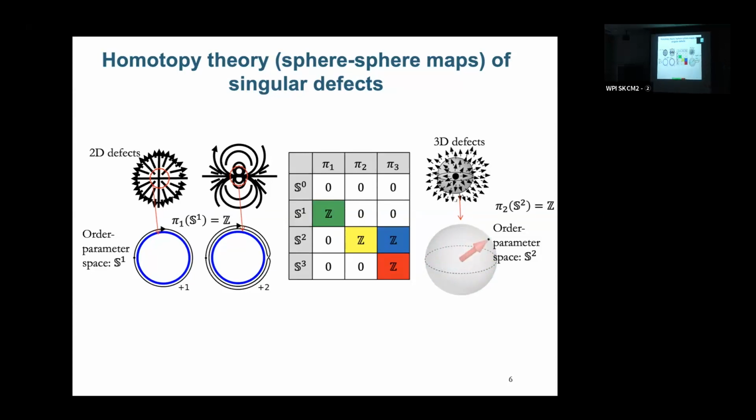This type of mapping corresponds to the first homotopy group of S1 spheres, a type of topological configuration characterized by the first homotopy group. So pi1 also corresponds to a sphere in configurational space, and this is nothing else but a sphere-to-sphere map, where the sphere is one-dimensional in both cases, and therefore you normally associate it with a circle.